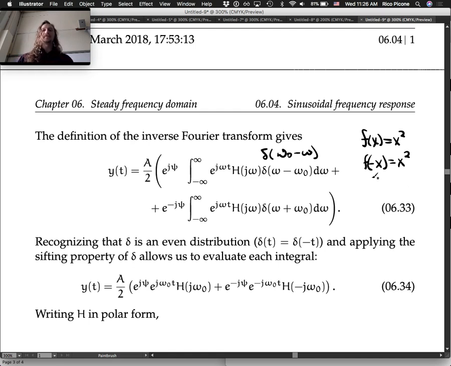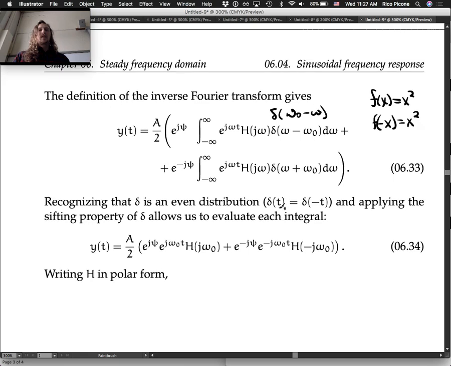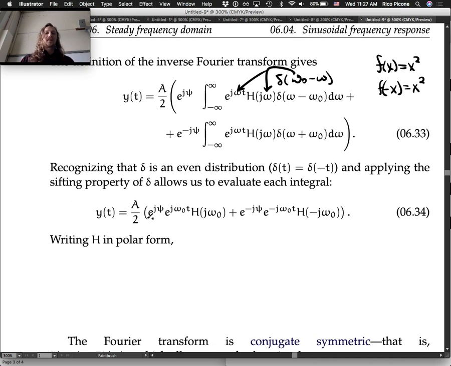All right. So then we use a shifting property. Remember, all we need to do is just take the omega naught and plug it into these functions, and that's the integral. That's what the shifting property does for us. So this is what's left. We still have the e to the j psi and e to the minus j psi.